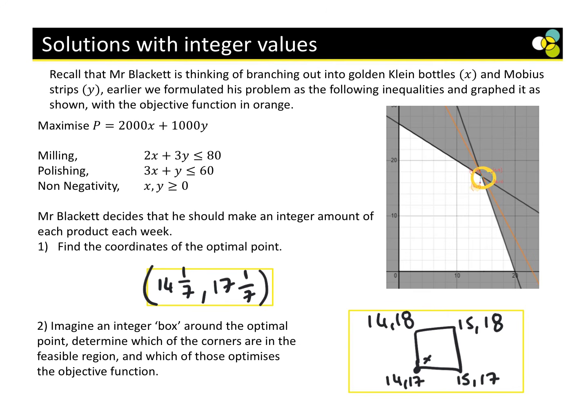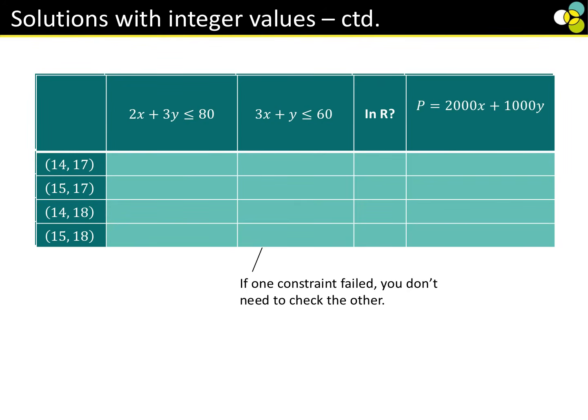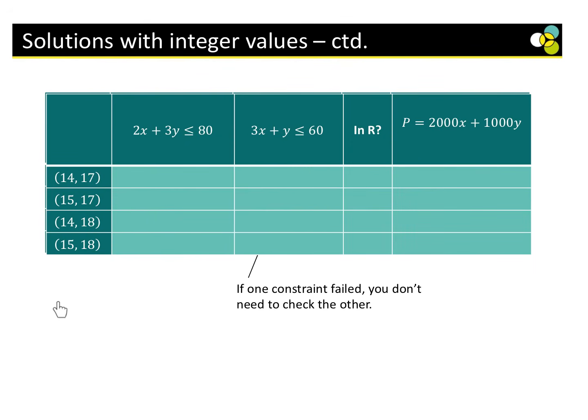If you're not sure, this is what you would do. On this page, we have our coordinates. You could substitute them in here. For example, we know 14, 17 is going to work, okay?